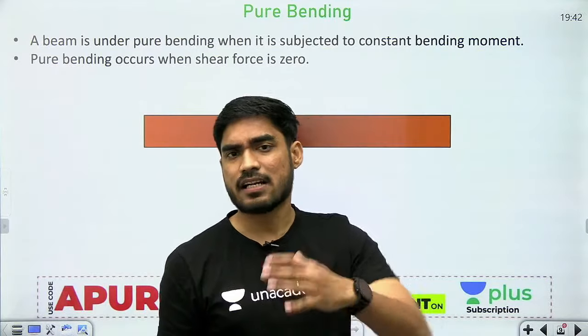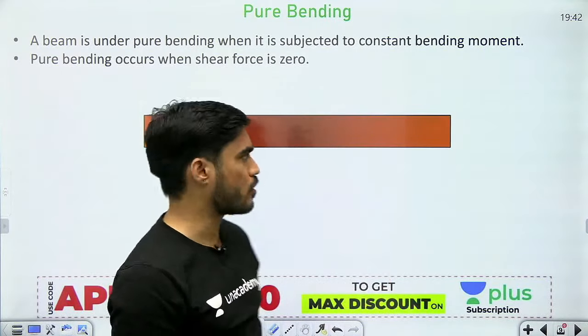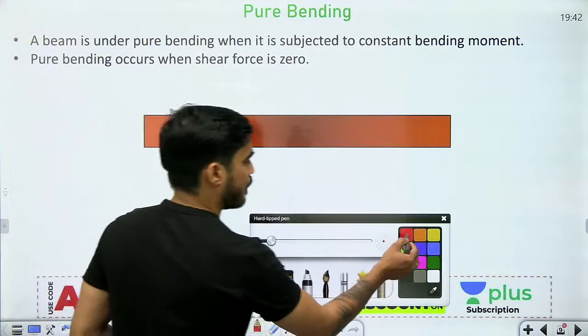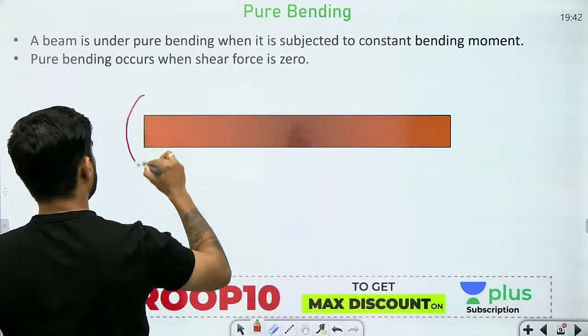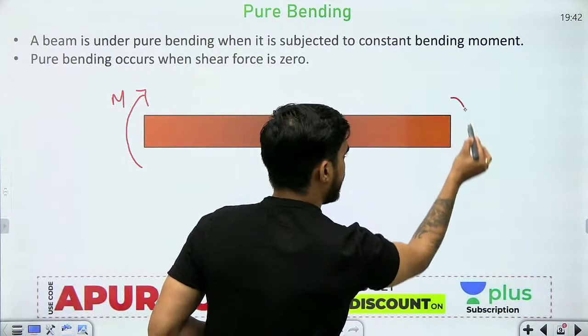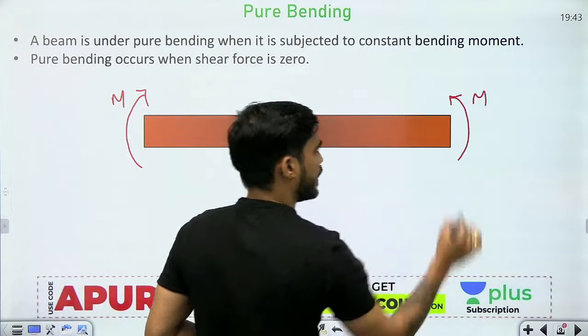Now let's understand how this condition arises. Let's say this is our beam, and let's say I am applying a couple M here and a couple M here.